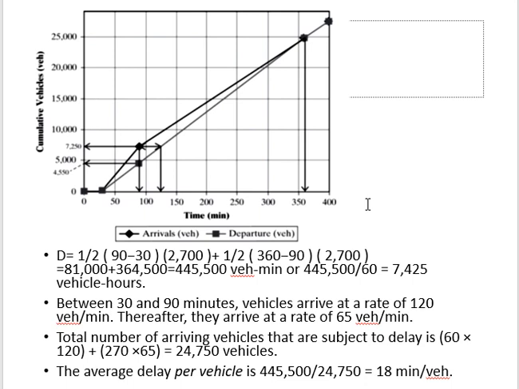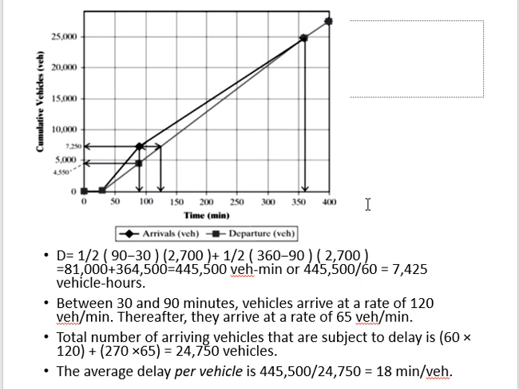So half 90 minus 30. This was 30, this was 90, right? So half 90 minus 30 multiplied by the difference of these two lines, which is 2,700, the number of vehicles in the queue. How many vehicles are in the queue? 2,700. Plus again half.